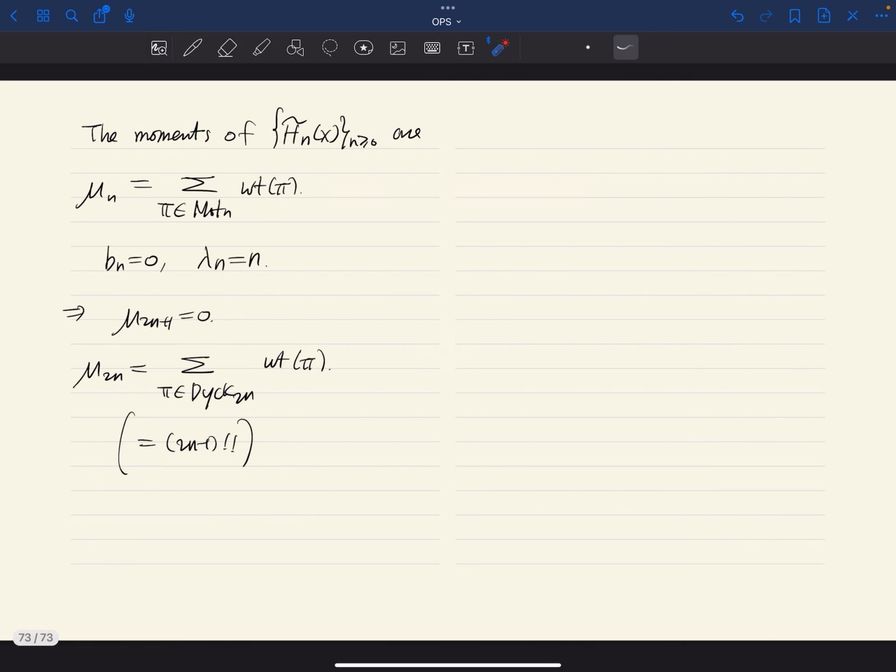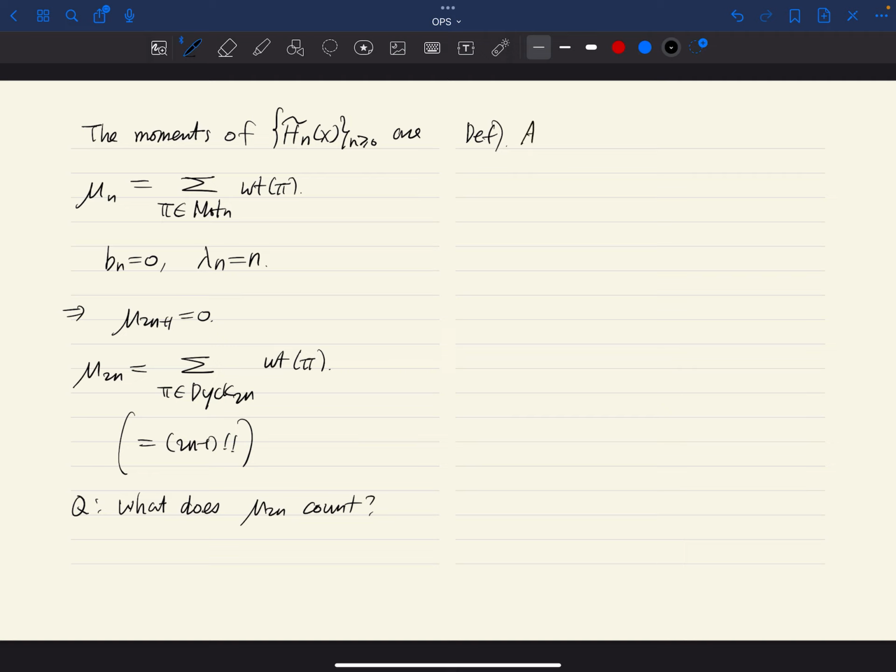So this is how we define this. So the question is, what does mu 2n count? This is a positive number, so it must count something, but we want to know what those are. So here's the definition.